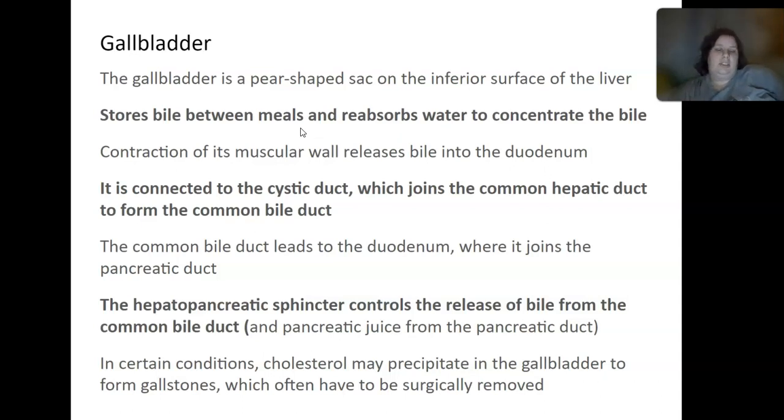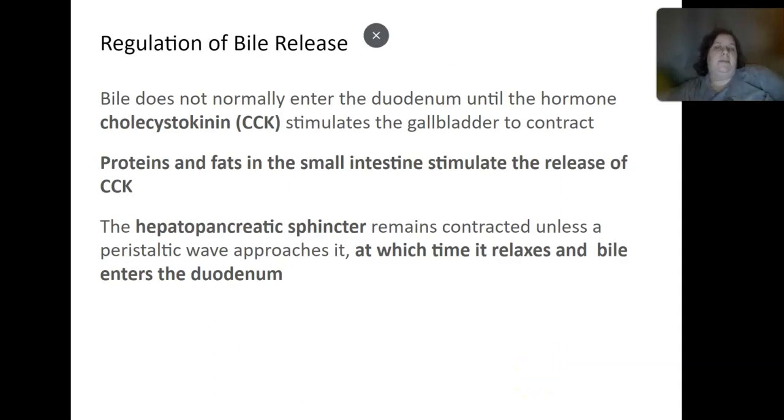And in certain conditions, your cholesterol may be too high, and it helps create something called a gallstone, which typically has to be removed along with your gallbladder because you can't pass them like a kidney stone. There's a couple things that regulate the release of your bile from your gallbladder.